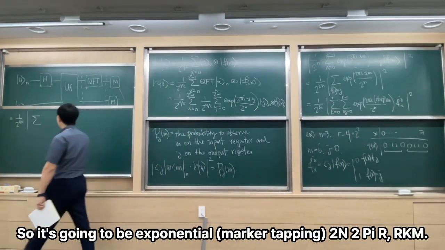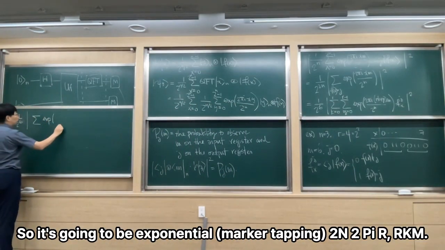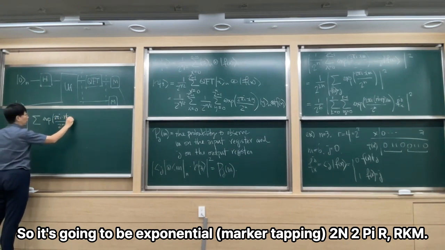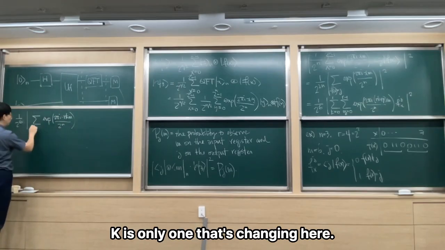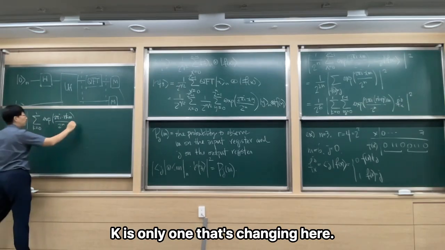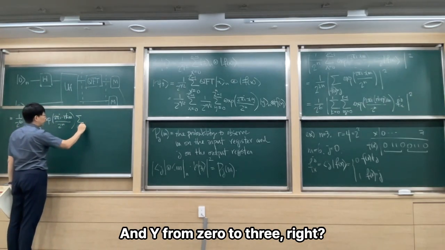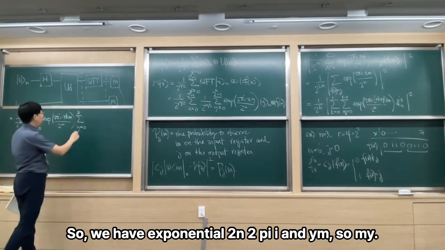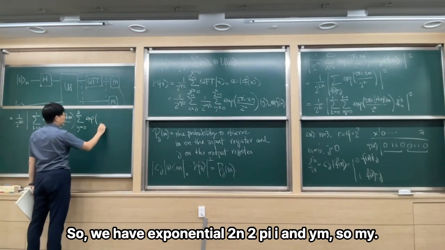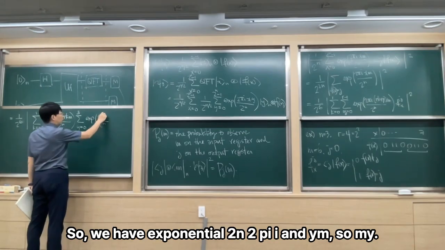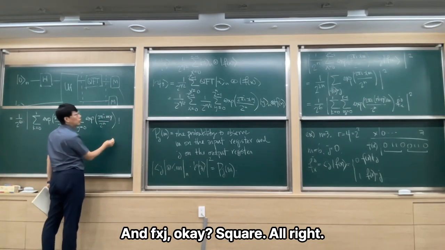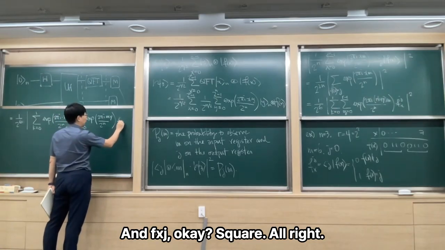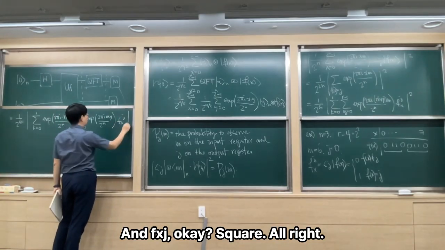So it's going to be exponential 2 pi i over 2 to the n times r m k, because r and m are constant. k is the only one that's changing here. And y from 0 to 3, right? So we have exponential 2 pi i over 2 to the n times y m, and f_x(j), squared.